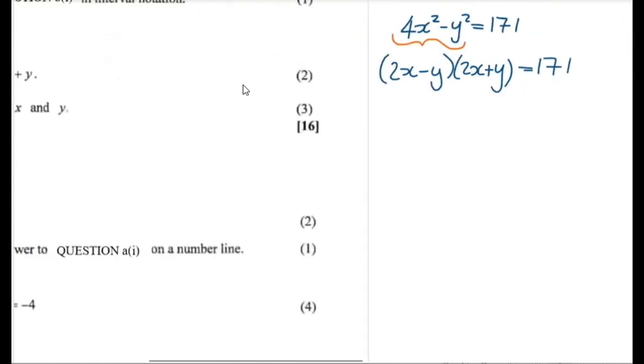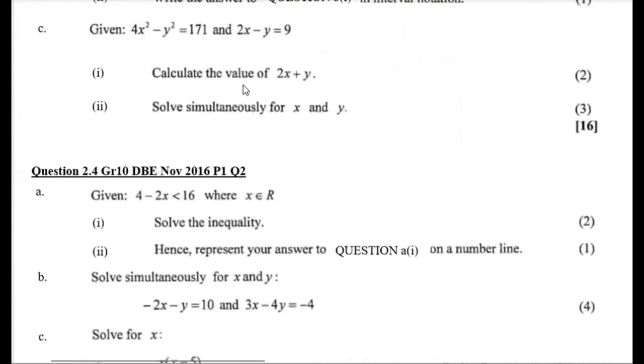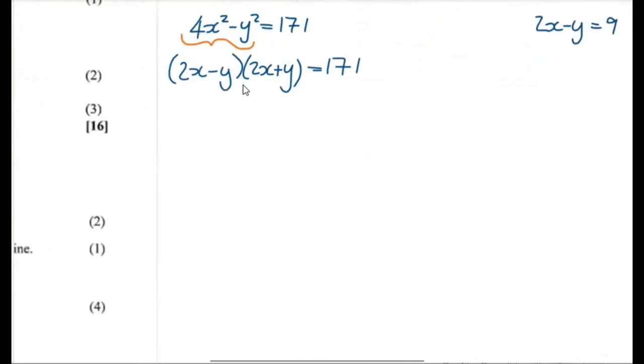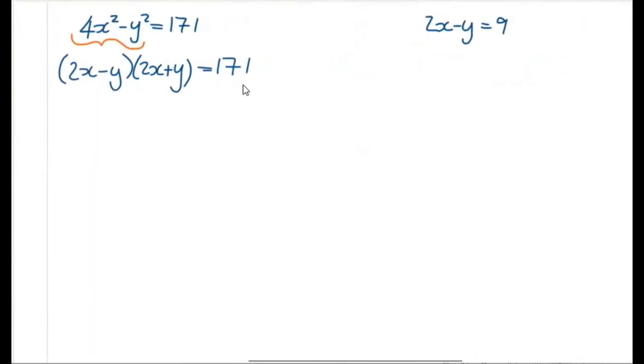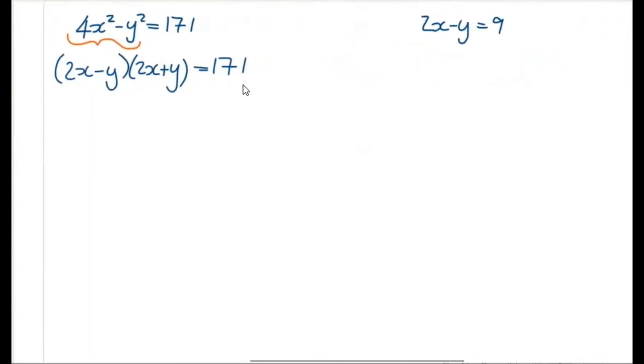Now the question said, calculate the value of 2x plus y. So I'm going to have to solve simultaneously over here at the same time. Do you see here, I've got something for the 2x minus y. That can become 9. We're just going to finish this question, guys. Push through with me.